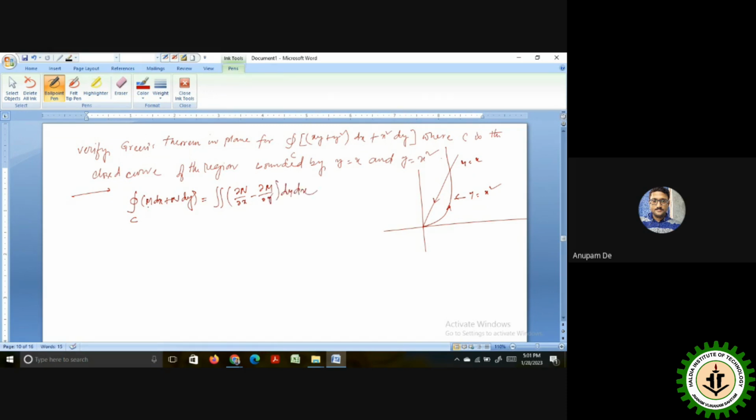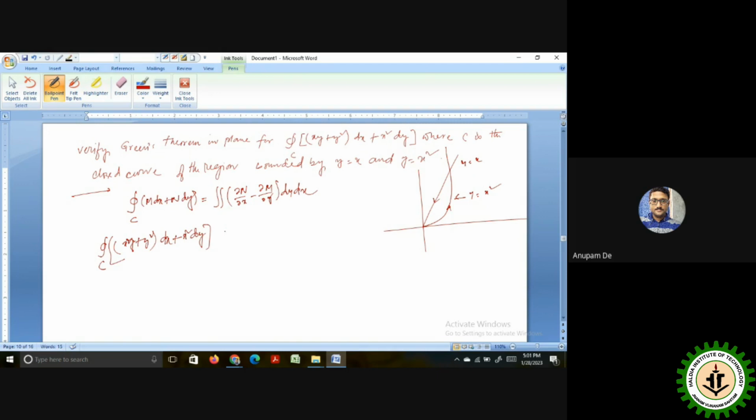Now the given problem is the closed integration over C of (xy plus y square) dx plus x square dy.